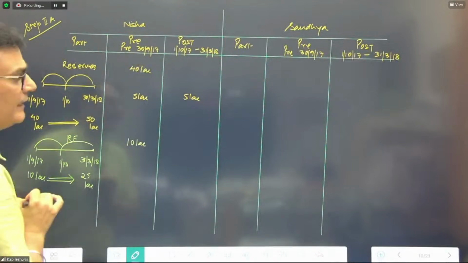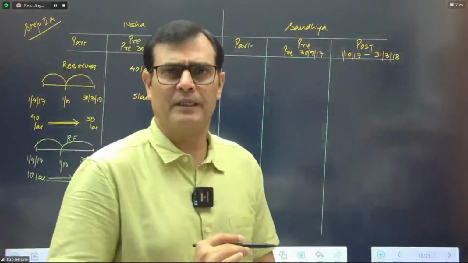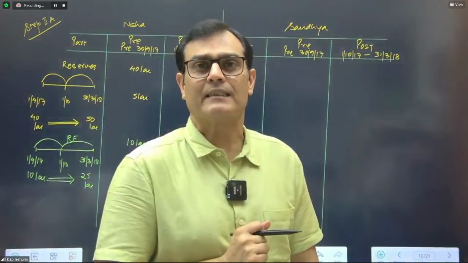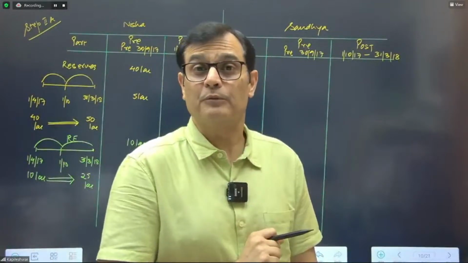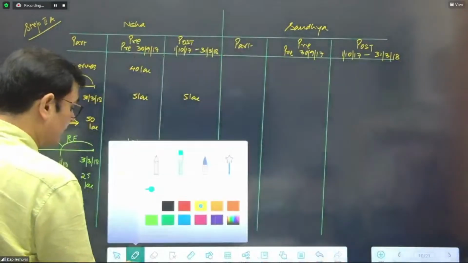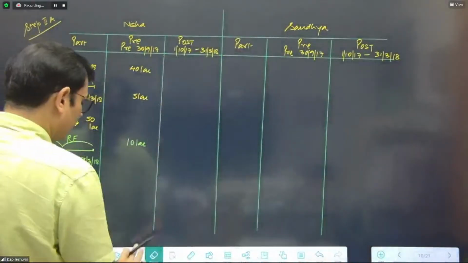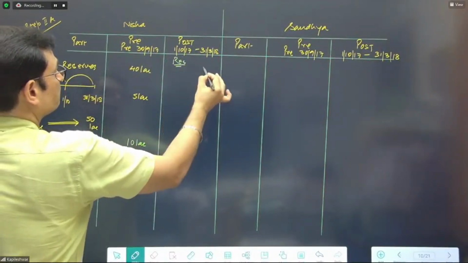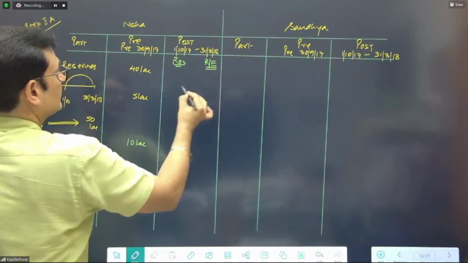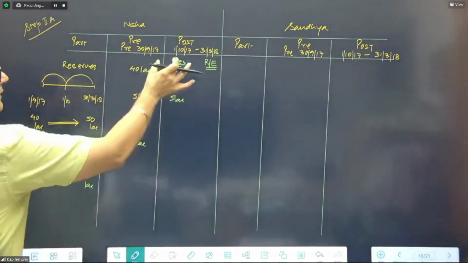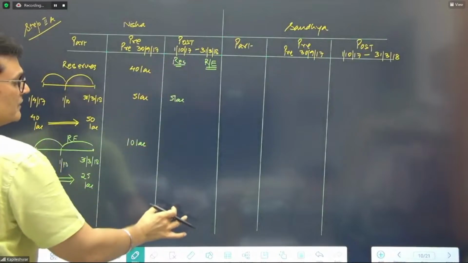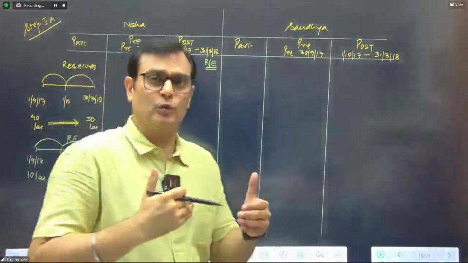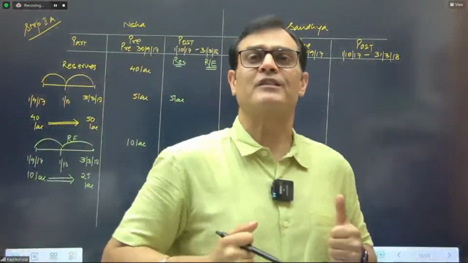Now you can do something extra at this stage, and I think it should be done. Since there is going to be a line by line addition of every asset and liability, why not in terms of other equity as well? So the better thing one can do at this stage is that you can create a separate column for reserves in the post acquisition and a separate column for retained earnings as well, so that you can get the post acquisition figure for the reserve separately and the post-acquisition figure for the retained earnings separately, and then you can do a line-to-line addition in terms of step number 5.